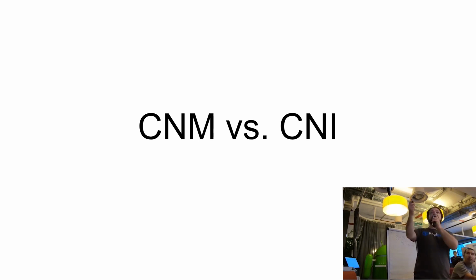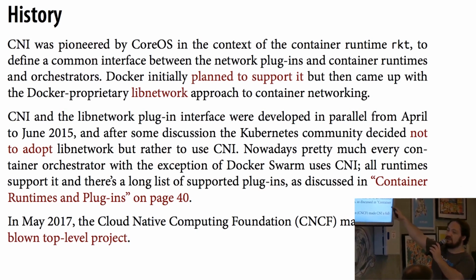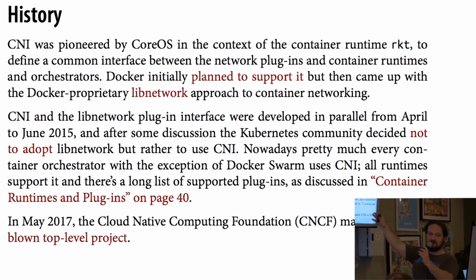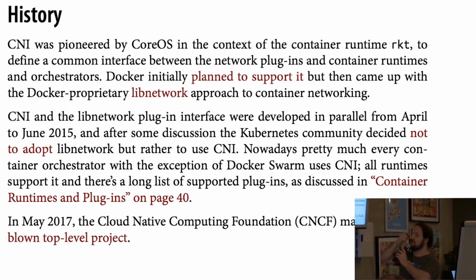It's called the CNI. So there's a bit of history here. CNI was created about the same time as Docker libnetwork, in I think 2015, and Docker wanted to support it, but then they decided not to. There was a lot of politicking.